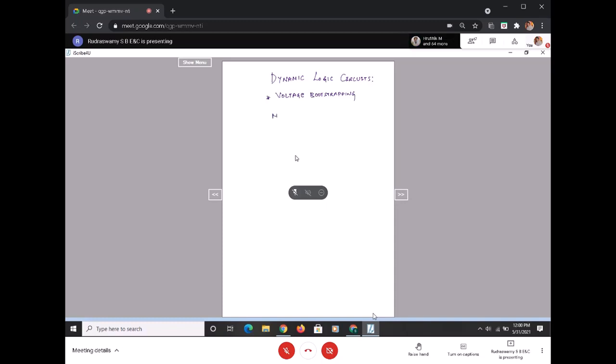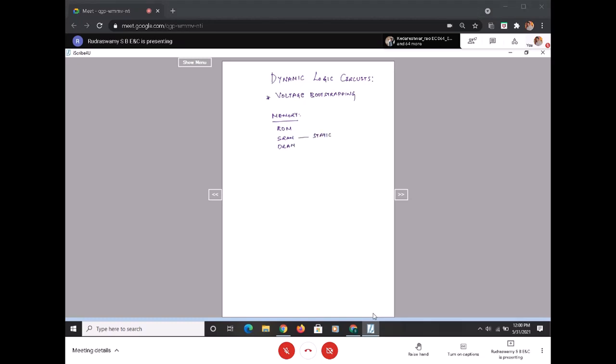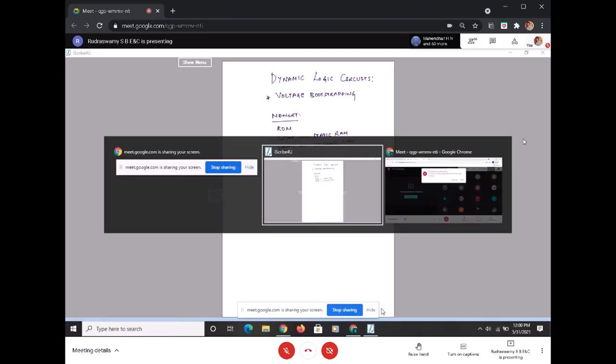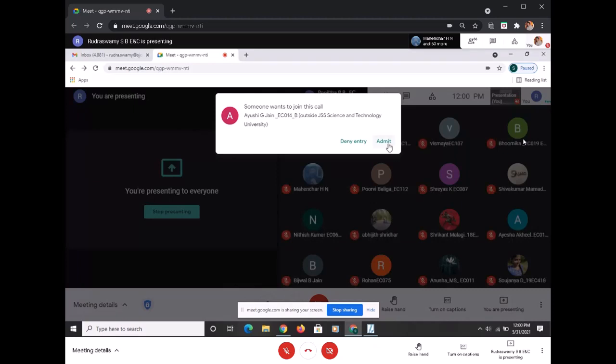And then we'll move on to the memory section, in which we'll try to see the ROM, then the SRAM, then the DRAM. SRAM basically stands for static random access memory, whereas DRAM stands for dynamic random access memory. So this is the agenda of the fourth unit.